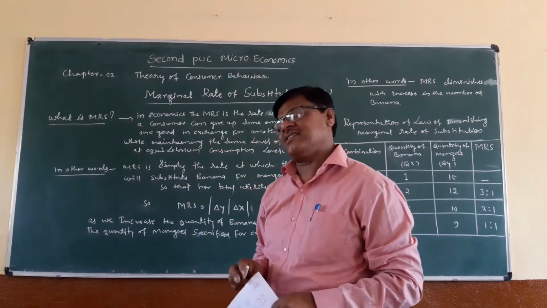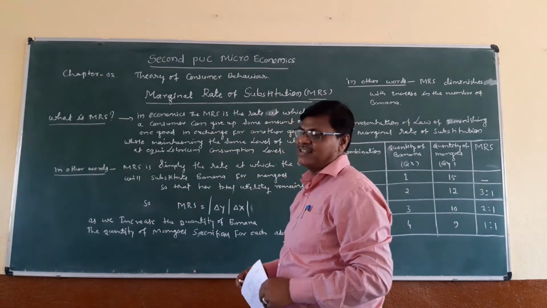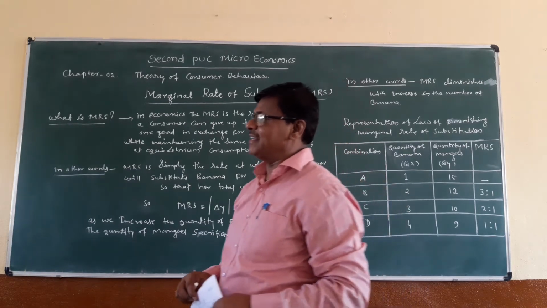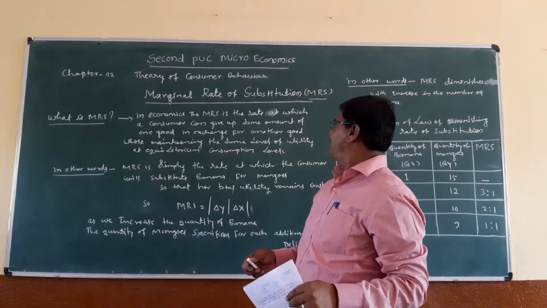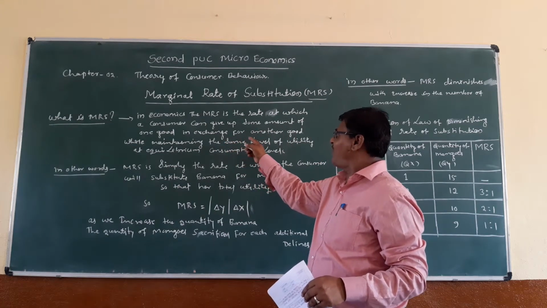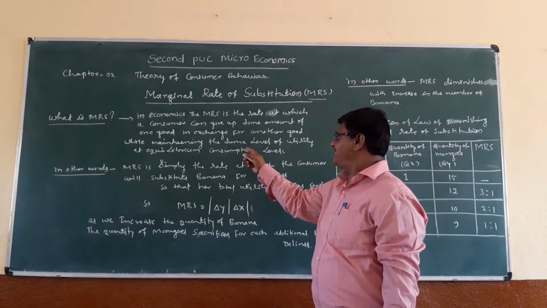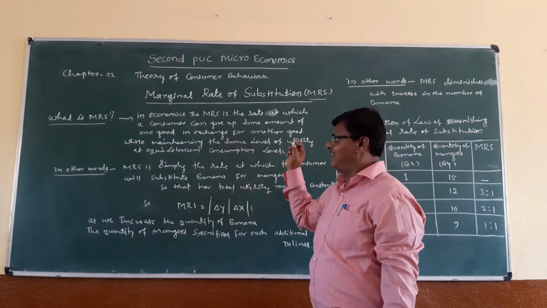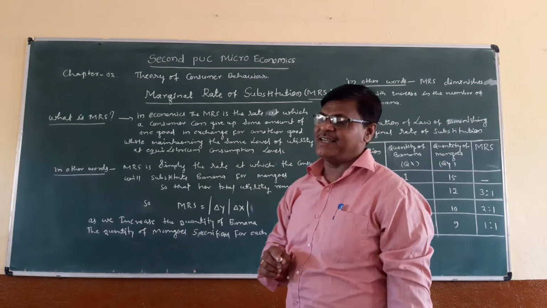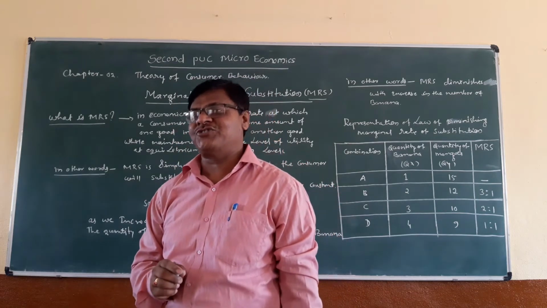In economics, the marginal rate of substitution is the rate at which a consumer can give up some amount of one good in exchange for another good, while remaining at the same level of utility at equilibrium consumption levels. This is called the MRS, marginal rate of substitution.